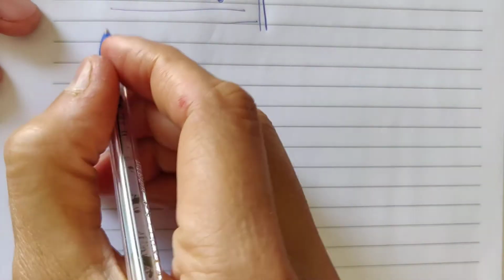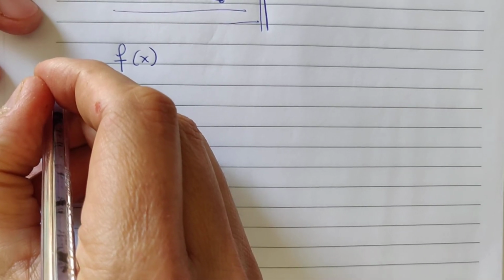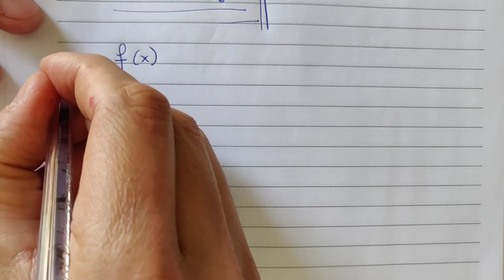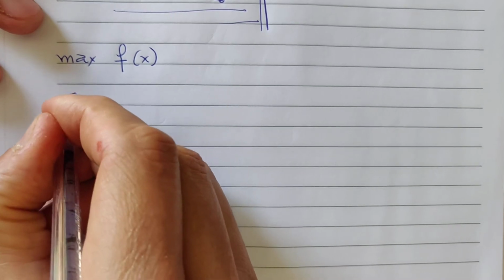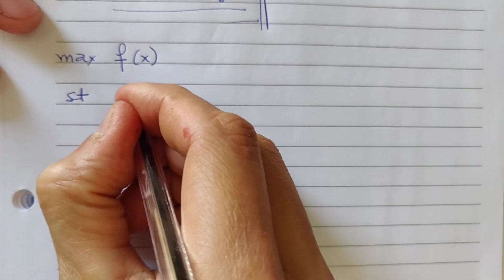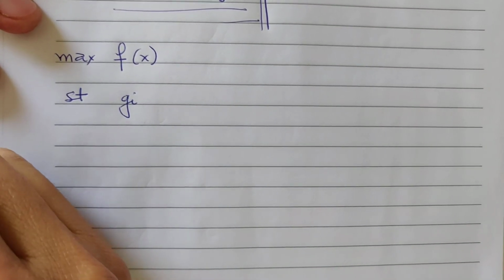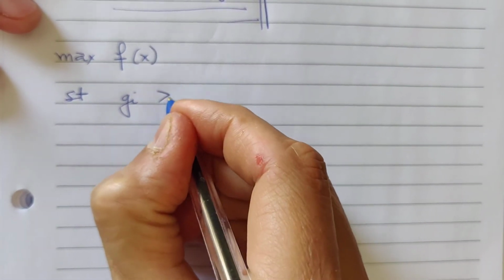So for instance, consider I have some objective function f of x that I want to, for example, maximize, subject to some constraint gi that must be greater than or equal to 0.